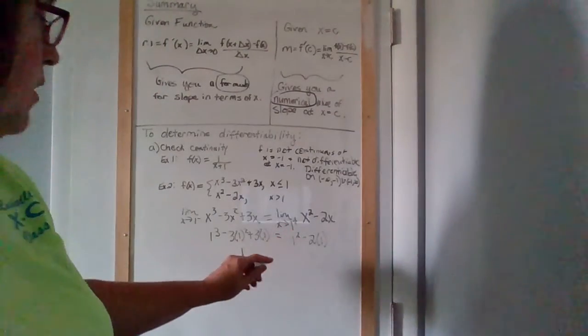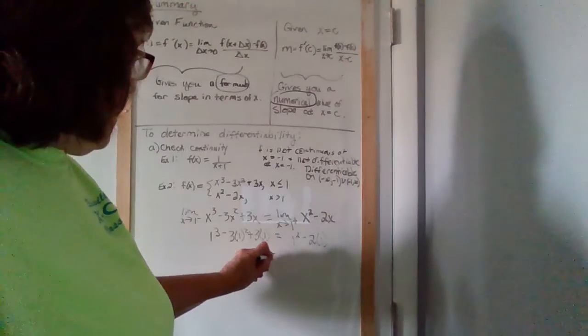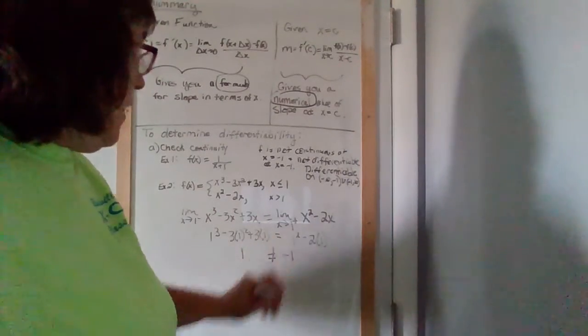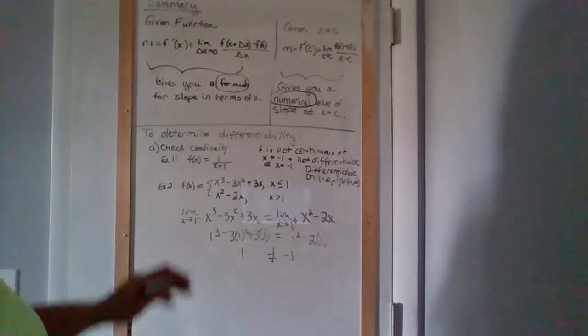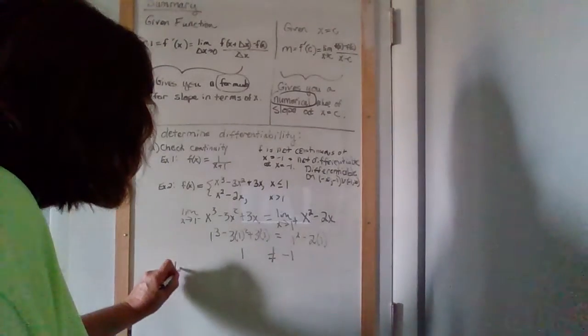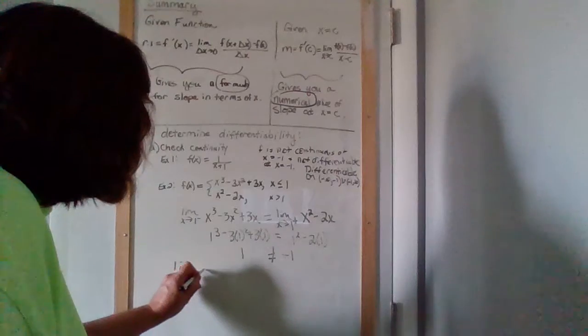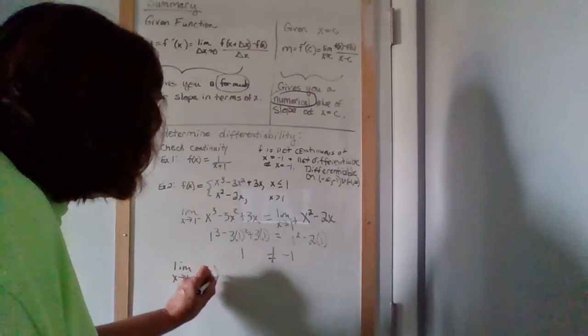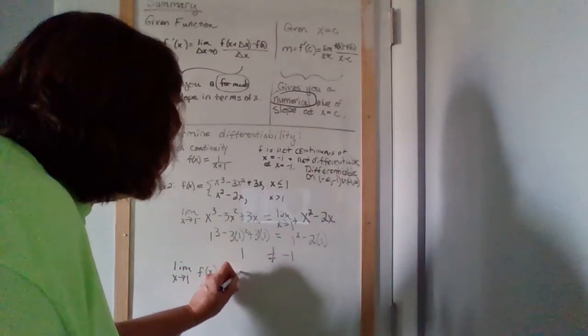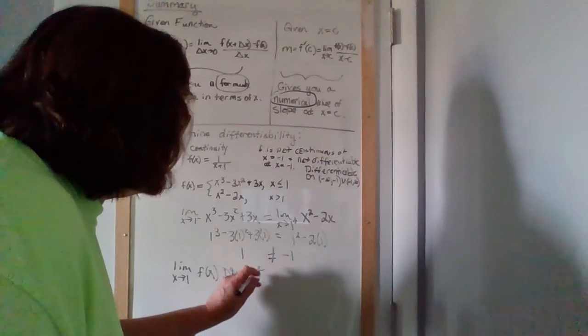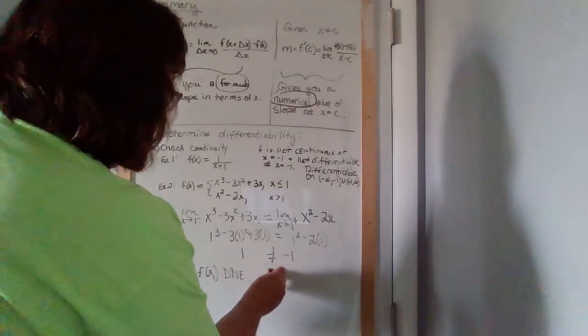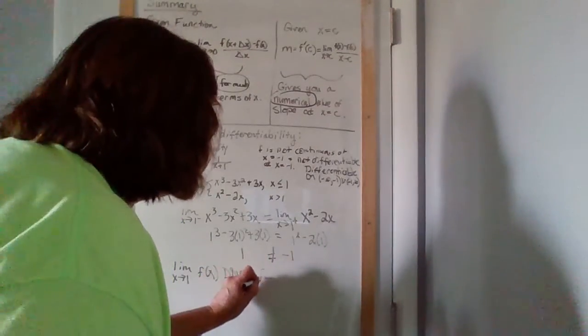And so I get 1 minus 2, and that's -1, and they are not equal. So this limit as x approaches 1 of f of x does not exist, which would mean that f is not continuous.